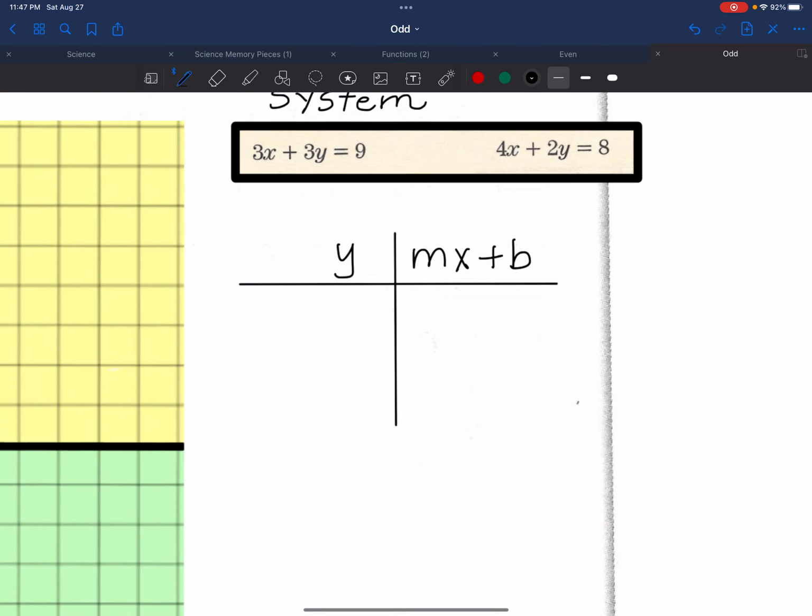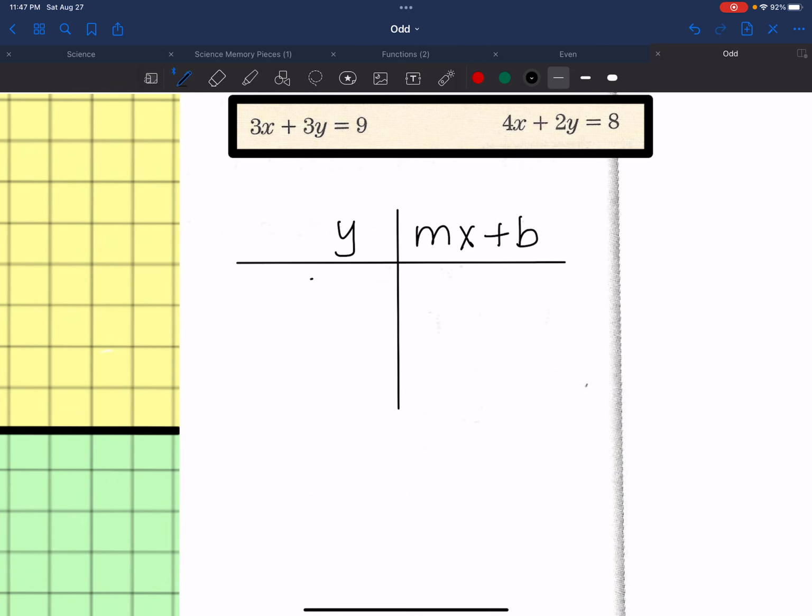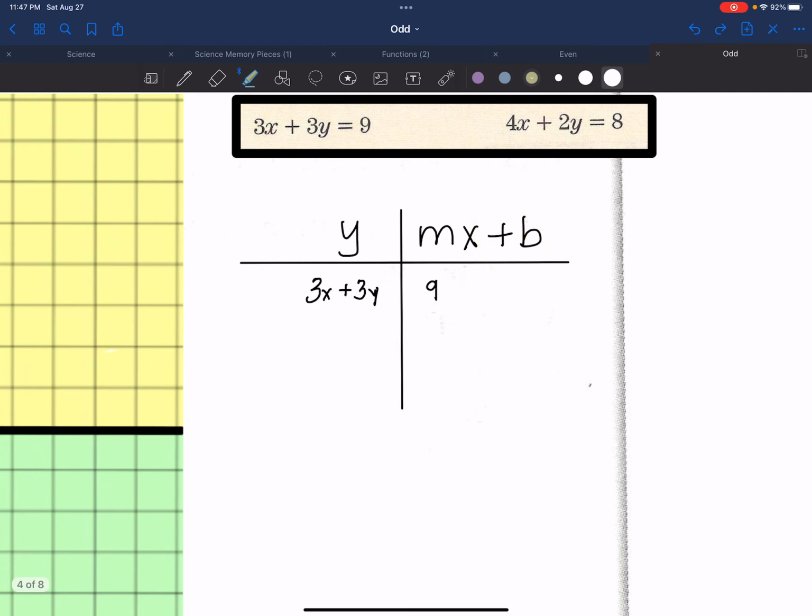Now in this first one we have 3x plus 3y equals 9. So remember, we put what we want on top and what we have on the bottom, and then we have to move things around. So b is fine right there. We have a constant.